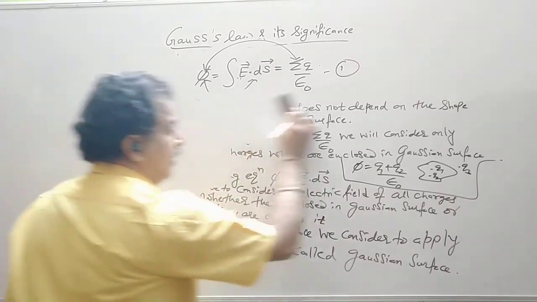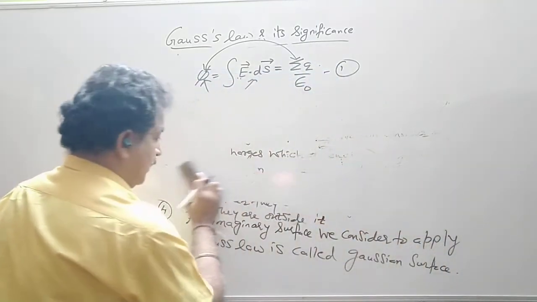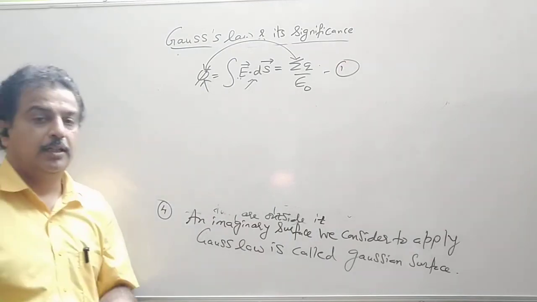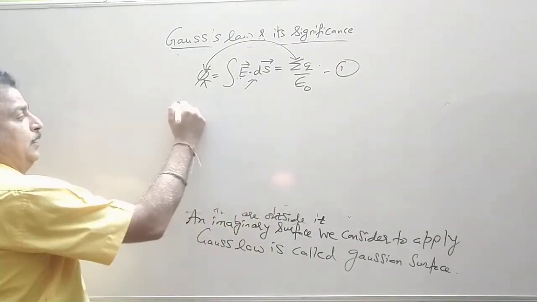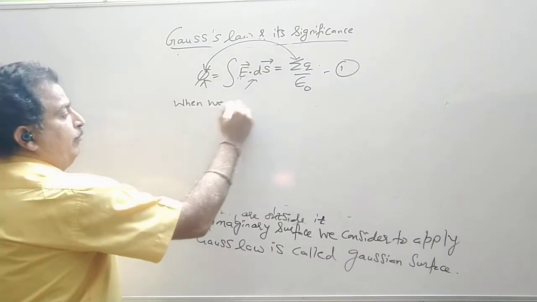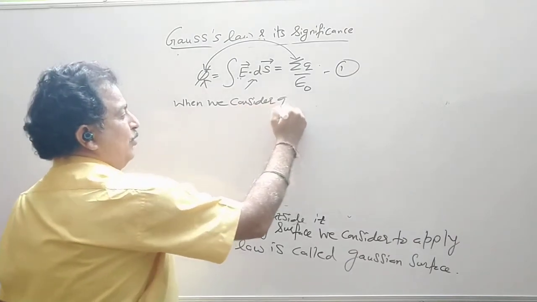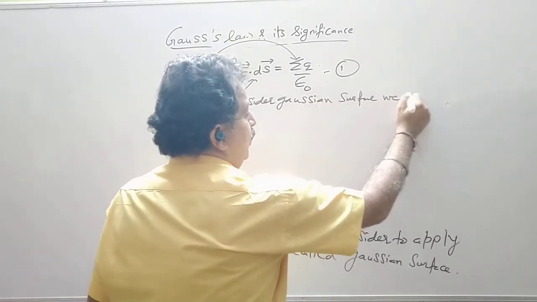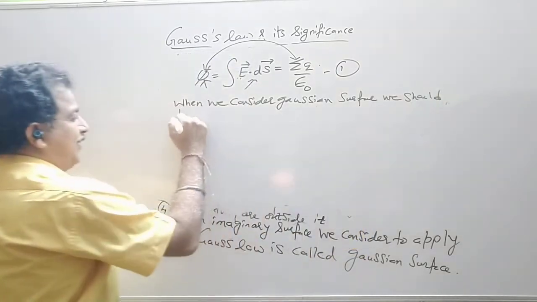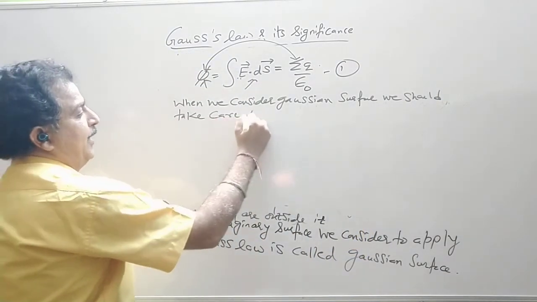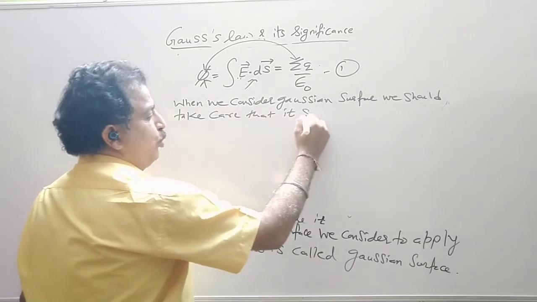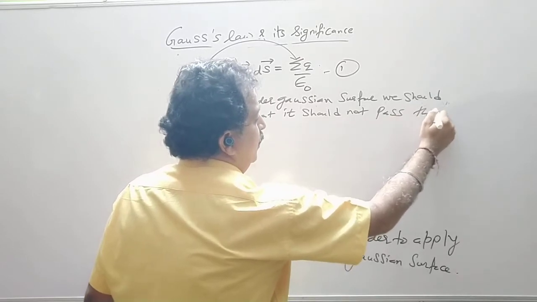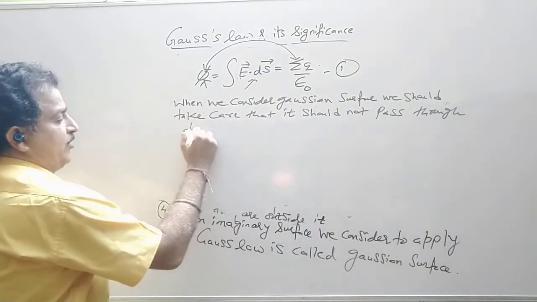Now what you have to remember about this is, when we consider a Gaussian surface, we should take care that it should not pass through discrete charge.